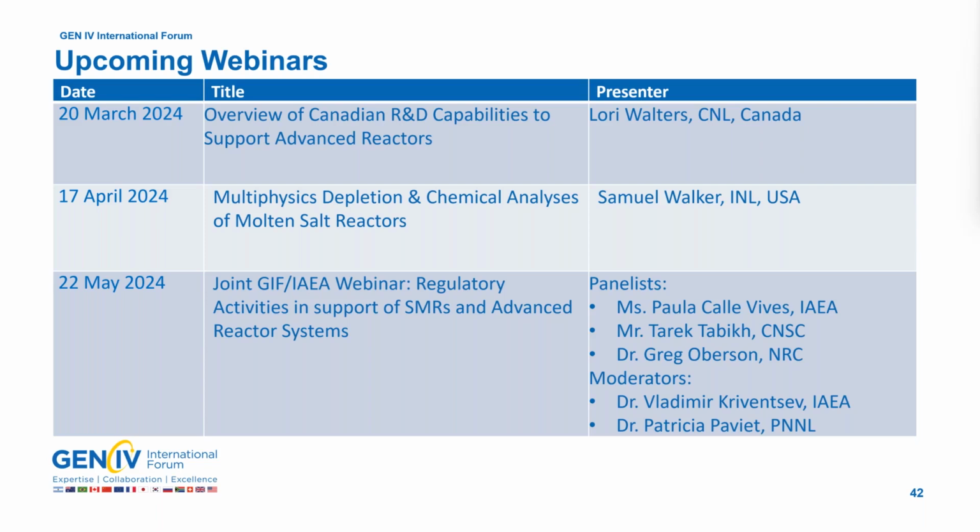Yeah, and this is Patricia, and I see that you're planning for the future to maybe do something similar for EBR-II in the US or Joyo in Japan. Am I correct?